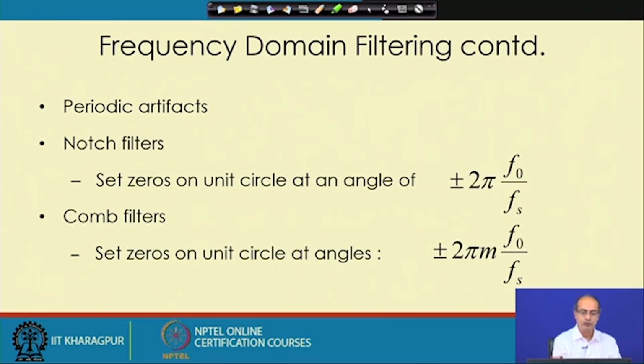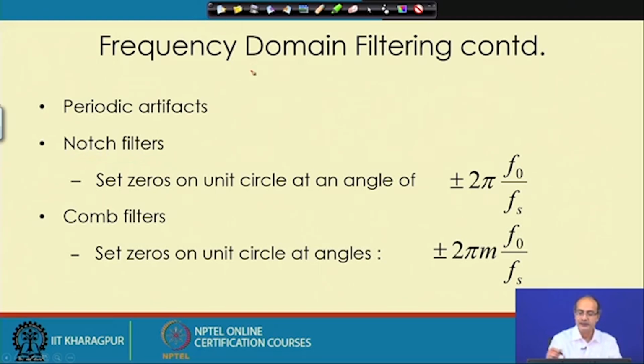So, we look at a particular filter that is called the notch filter. A notch filter means that it will have a 0 at a particular frequency. Okay. So, this is the notch. Here what we do is set some zeros on the unit circle at a particular frequency, and we take a conjugate pole pair in this case.